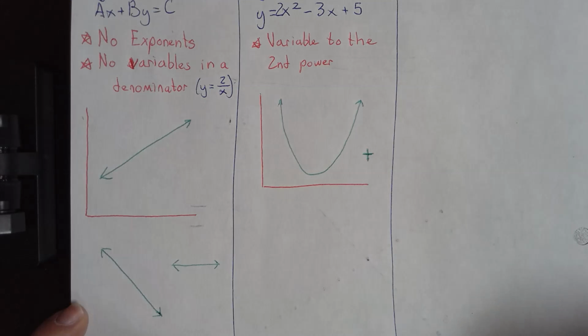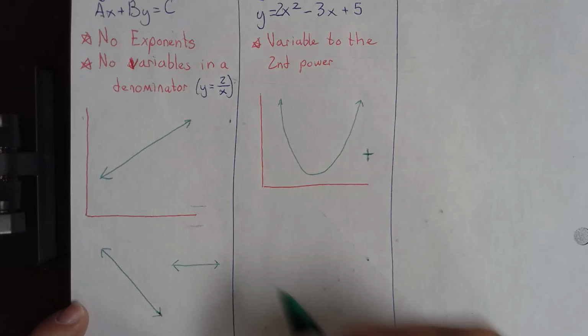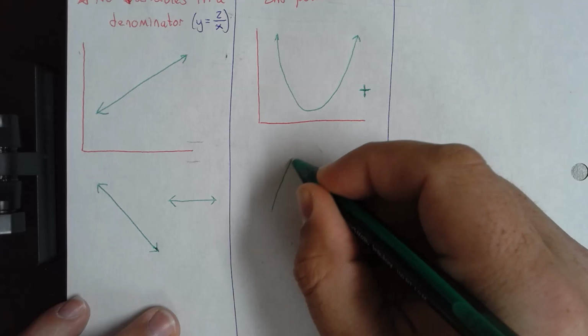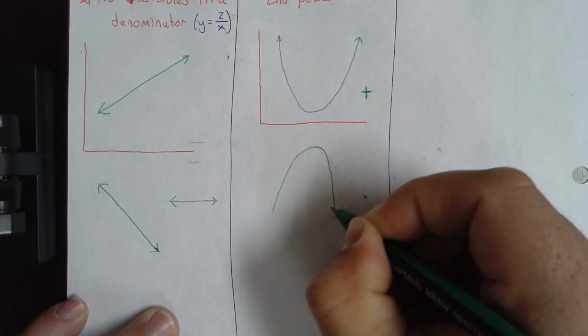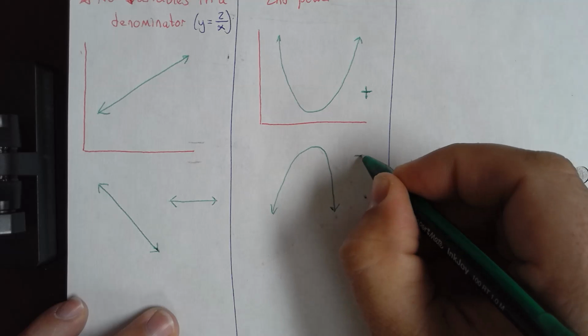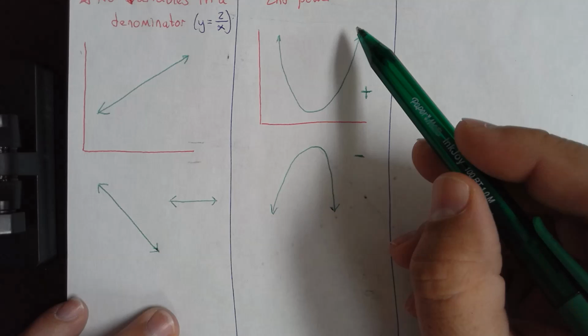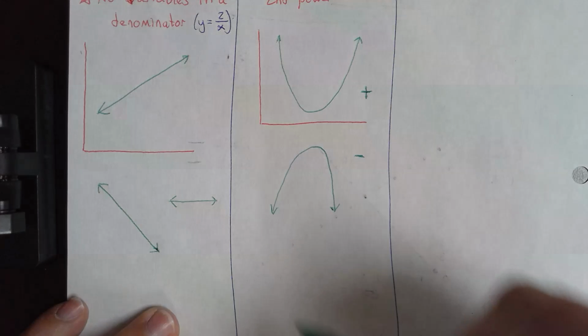It could also be the opposite way. This is a negative quadratic function. You can open up for positive or open down as a negative.